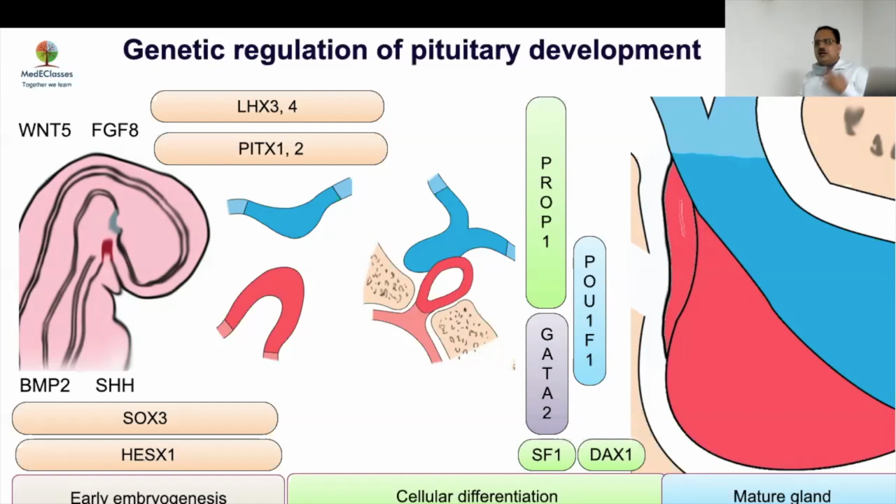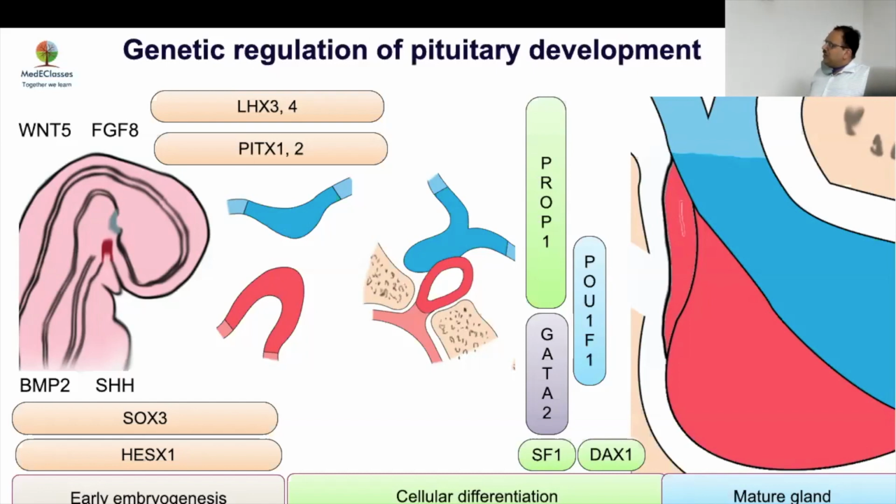So this is like before Prop1 and after Prop1, and this Prop1 expression is also temporal. If you continue to produce Prop1, there could be a problem. If you have too little Prop1, it is bad. If you have too late Prop1, it is bad. If you continue with Prop1, that is also bad. You need this synchronous timing, because its role is done.